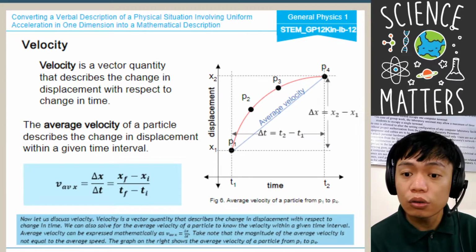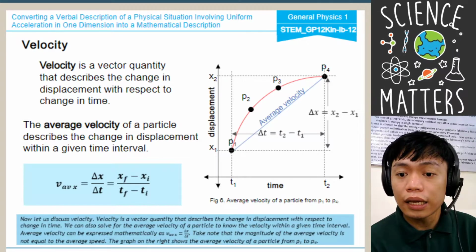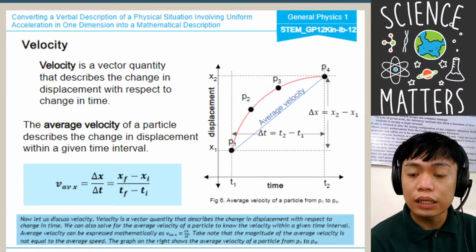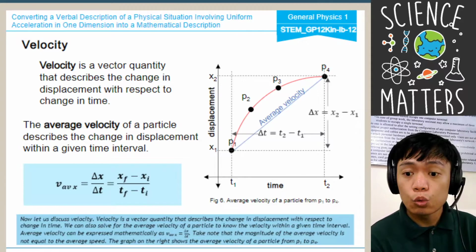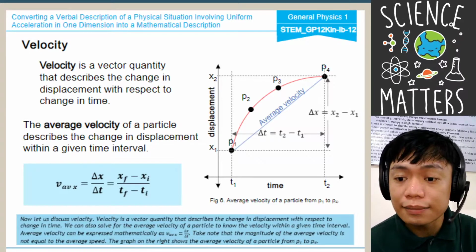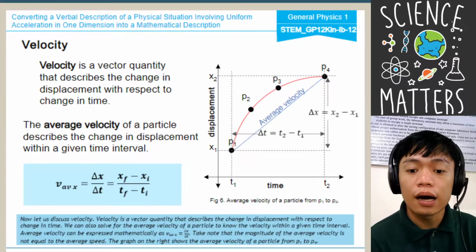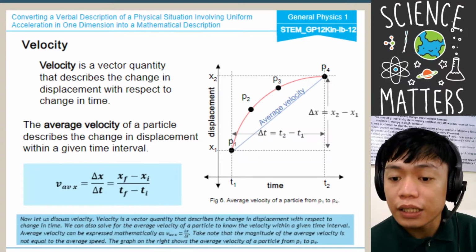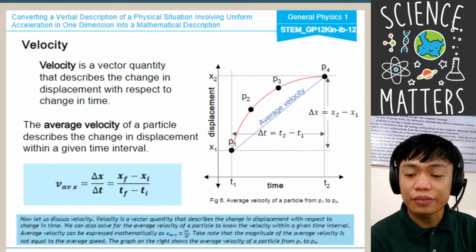Okay? So, dito, in order to get the velocity, we should know the symbol for displacement and the symbol for time.